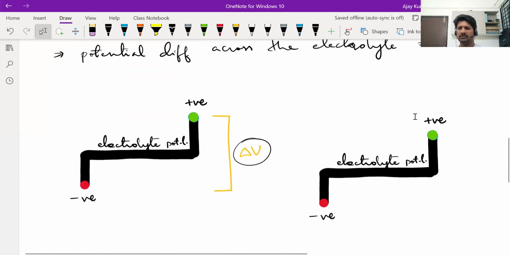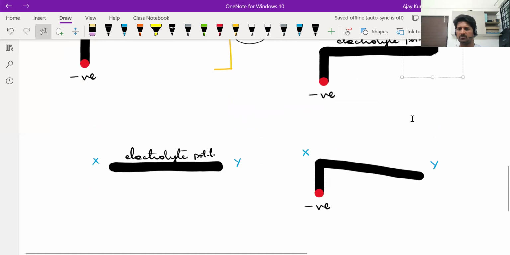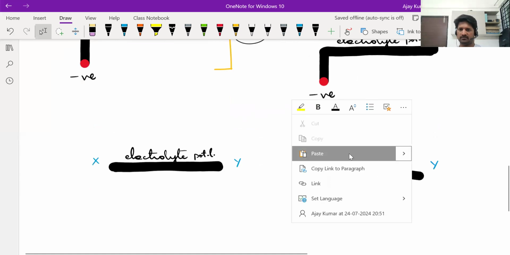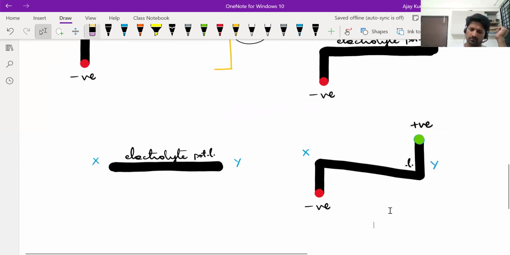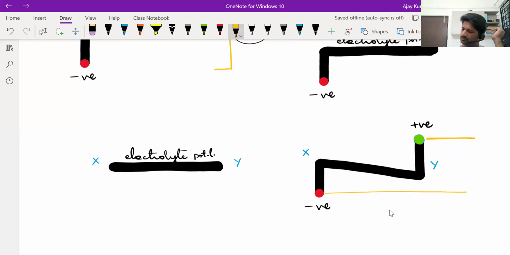And the reaction between the anode and the electrolyte ensures that the anode is at a higher potential than the electrolyte on the other side. So anode potential also will be maintained. But now observe the difference between the potential of the anode and the potential of the cathode.